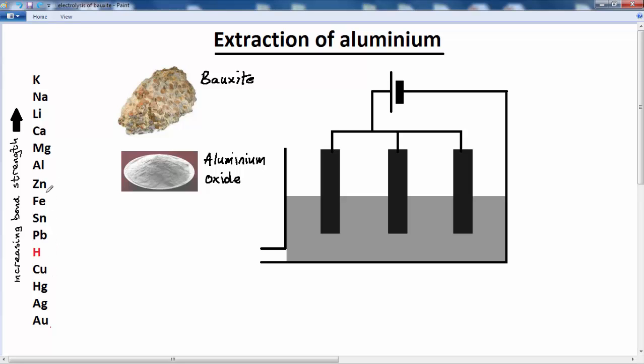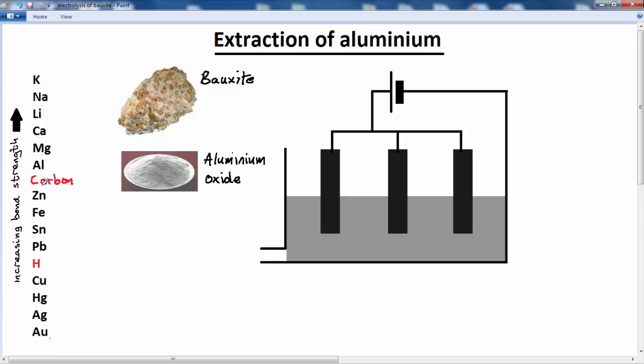Between copper and zinc we're going to use a method called reduction, and to do that we mix the oxide with soot, that's to say pure carbon, and heat the oxide, and the carbon will reduce the metal oxide to the pure metal. That can only happen if the metal in its oxide is below carbon in the reactivity series.